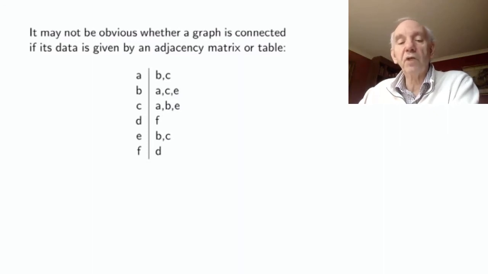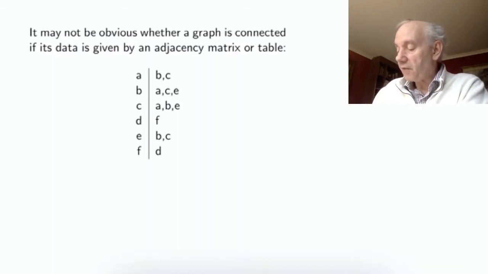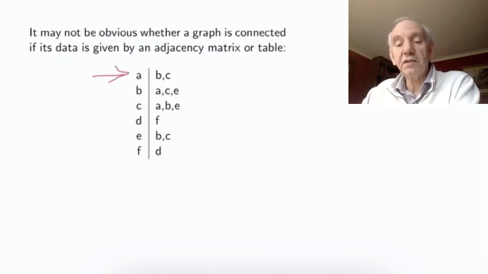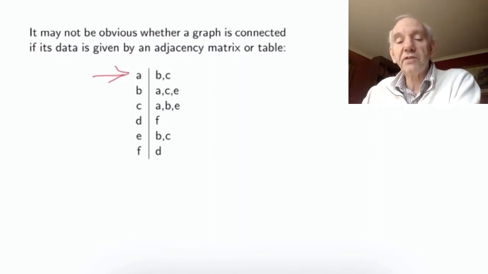Here's a small adjacency table that describes a graph. This graph again has 6 vertices, which are listed vertically. You can also list them horizontally.